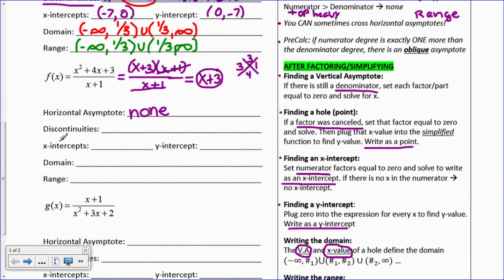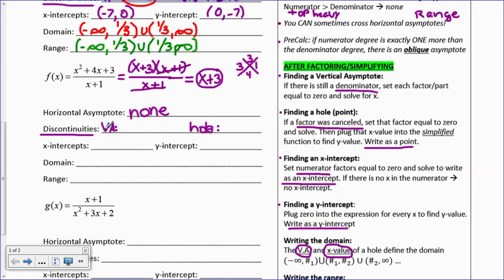Now, discontinuities. Remember, there are two different types: your vertical asymptote, and your hole. We need to see if there's one of either of them, or both. Remember, the vertical asymptote exists when you have a denominator.